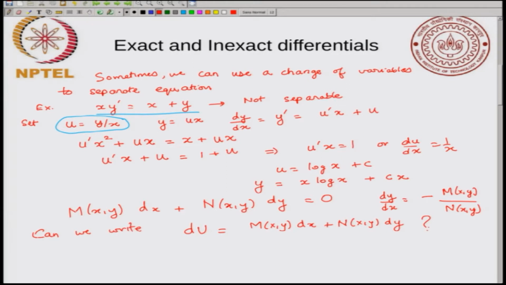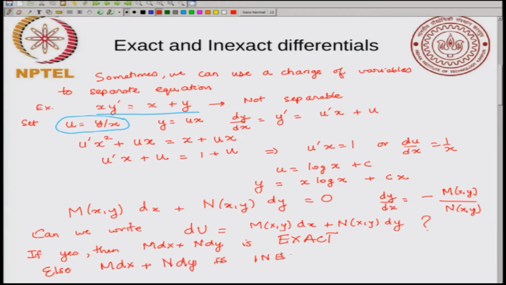And the answer is, if yes, then you say M dx plus N dy is exact, else M dx plus N dy is inexact.